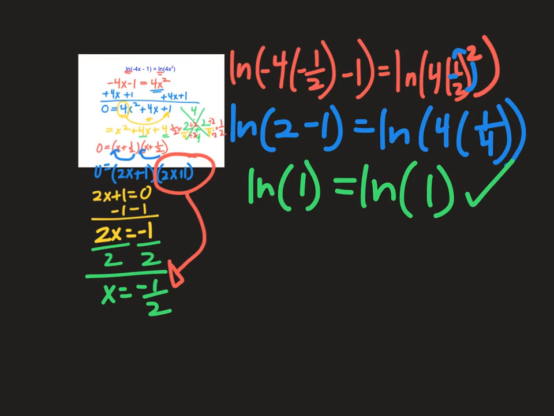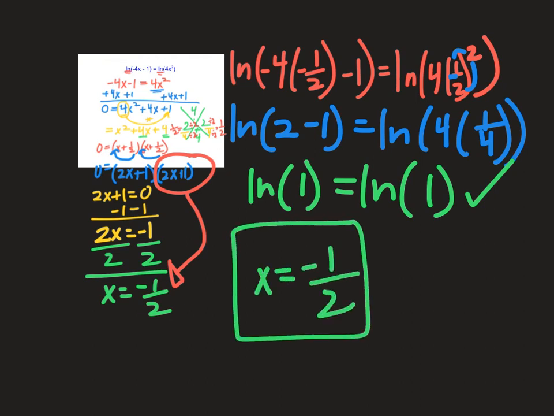That means that x equals negative 1/2 is our solution. You don't have to write it twice. It does show up twice, but you can just write it once. I guess in this case, that second one is sort of like your extraneous solution because it's just the same as the first. It does work though, so x equals negative 1/2.